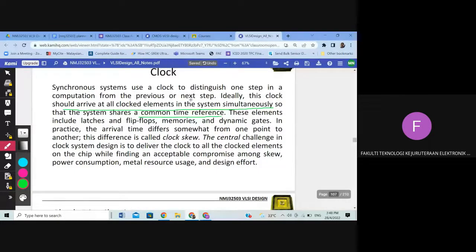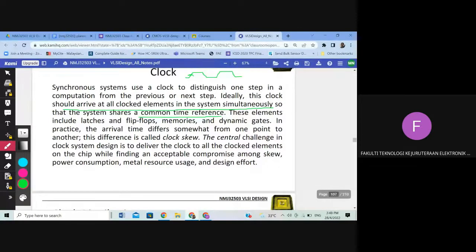Common time reference means we use the clock as the reference for when to do the addition, the multiplication, or any operation. It will be based on the rising edge of the clock, for example, or during level 1 of the clock.